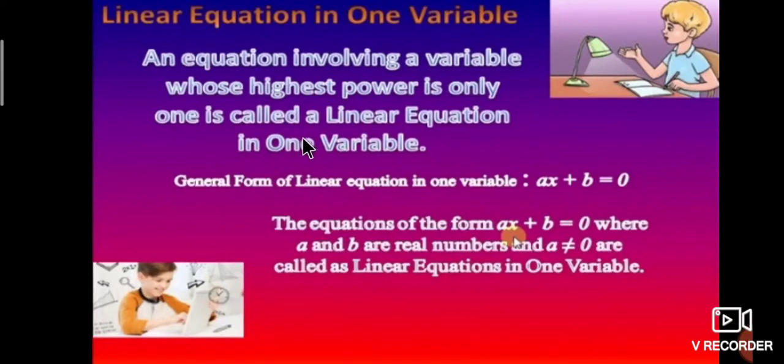The general form of a linear equation in one variable is ax plus b is equal to 0, where a and b are real numbers and a is not equal to 0.